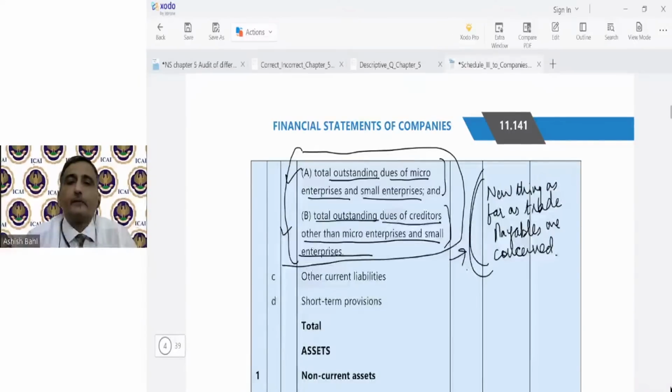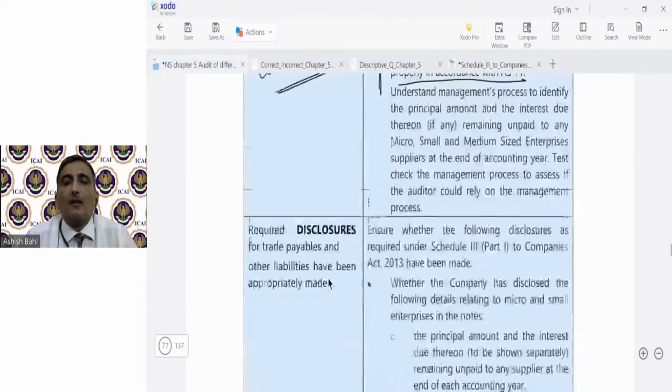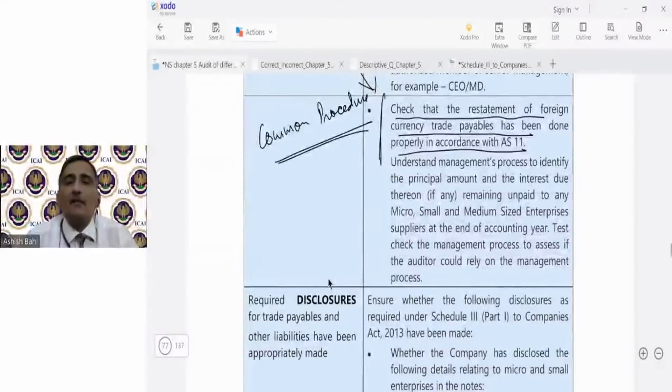Okay. Yes, guys, is that clear? So now a question would arise in your mind, students. What are micro and small enterprises?